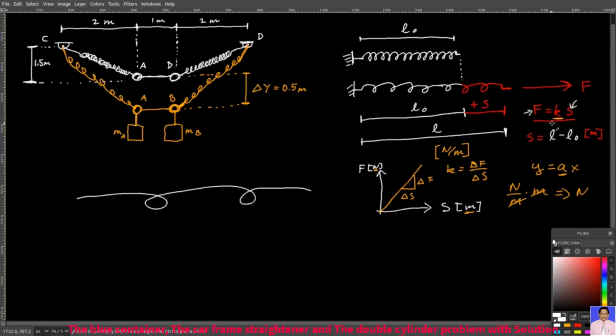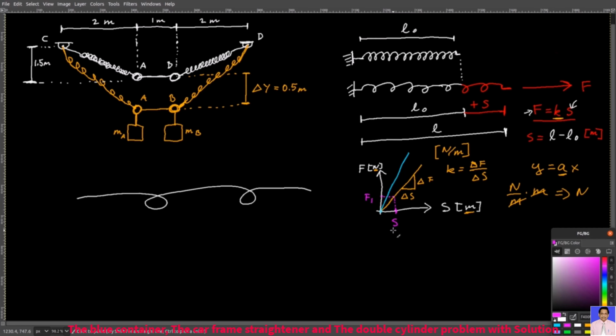And another way to look at this K is that it essentially tells you the strength of your spring. You can imagine that for this K here, if you create so much S, then your force will be like this. But let's say that you have another spring that has a higher K value, which means that the slope is greater.